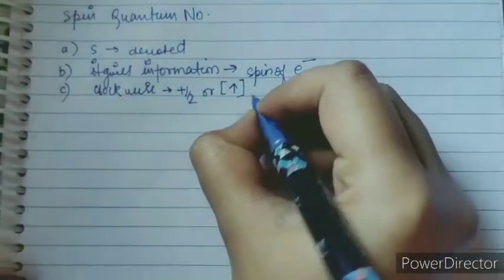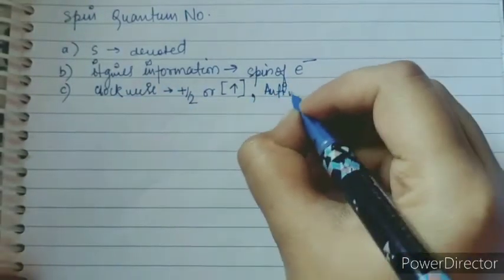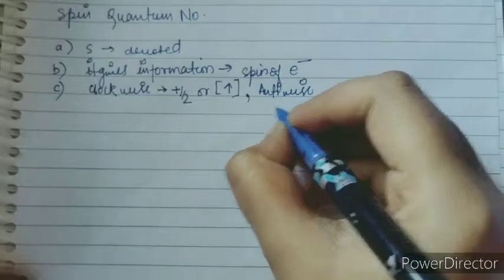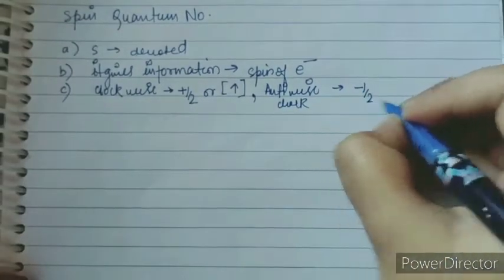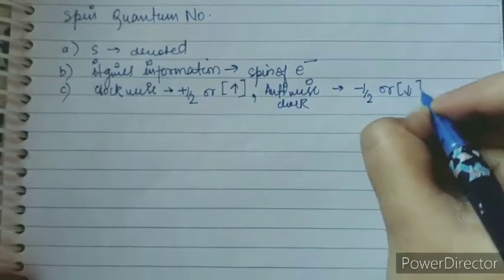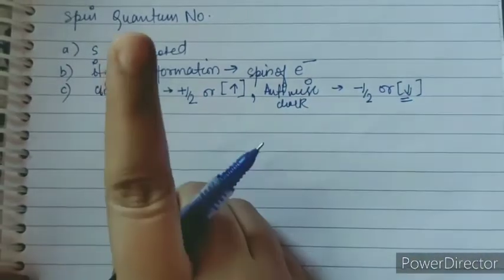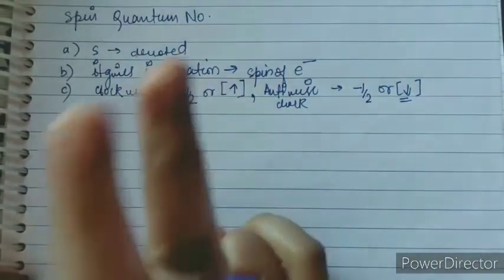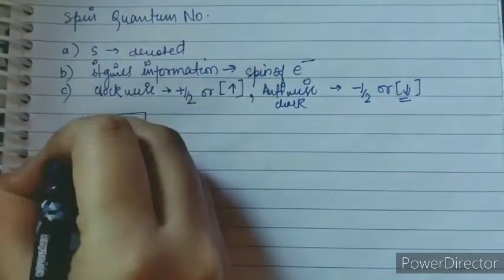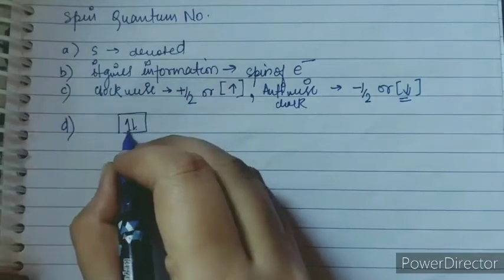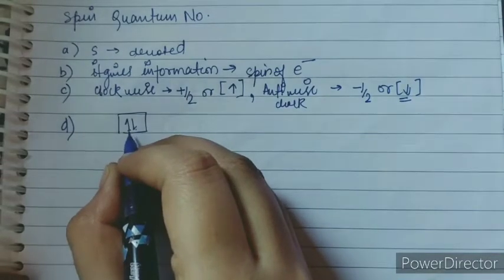Or if the spin is anti-clockwise, then the value of s is minus half, or with this sign. One orbital can accommodate only 2 electrons, with opposite spins. Both the spins should be opposite.